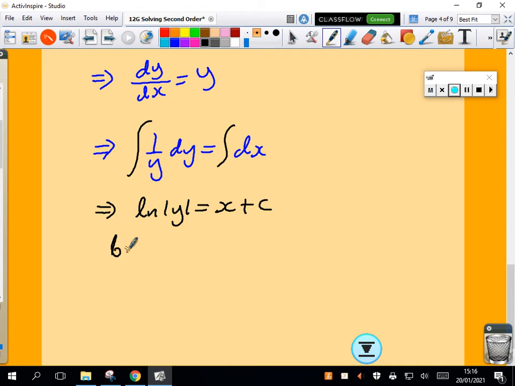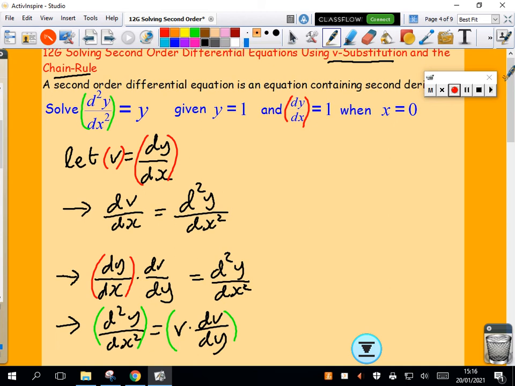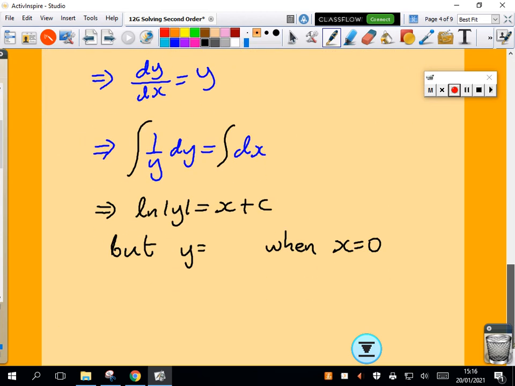Okay, go back to my initial conditions. But y equals something when x equals something. Check back to the start of your question. I'll scroll back up very quickly. But y is equal to 1 when x is equal to 0. So we're given that information.